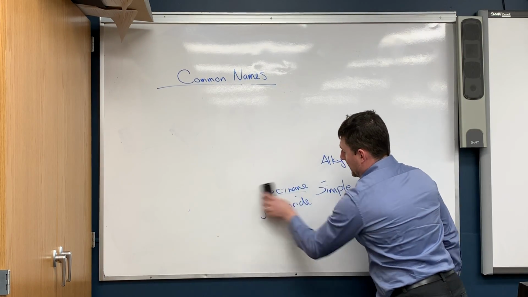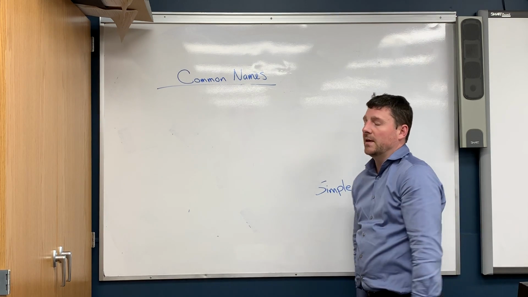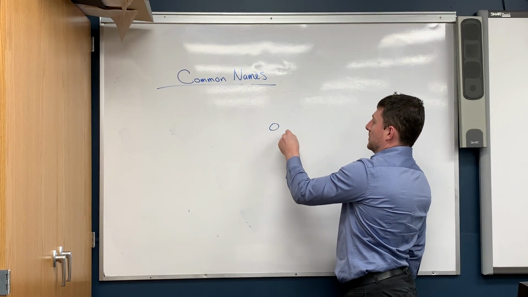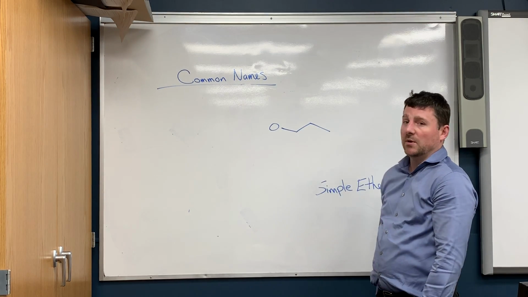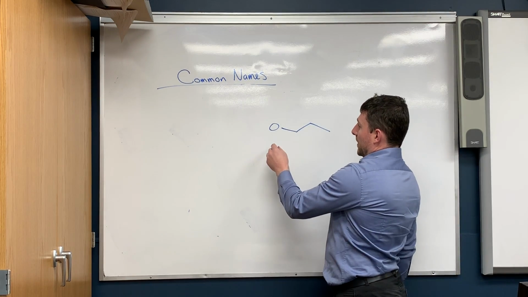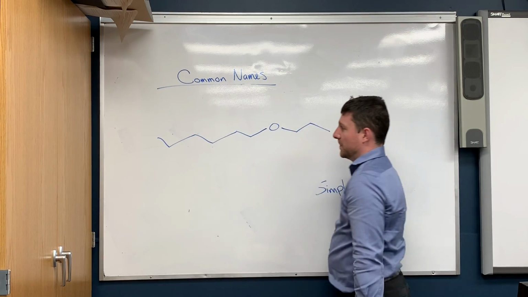And the last thing for common names is simple ethers, right? We learned that ethers is when you have an O with some carbon chain coming off of it, and it's attached to some other main chain, like this, right?